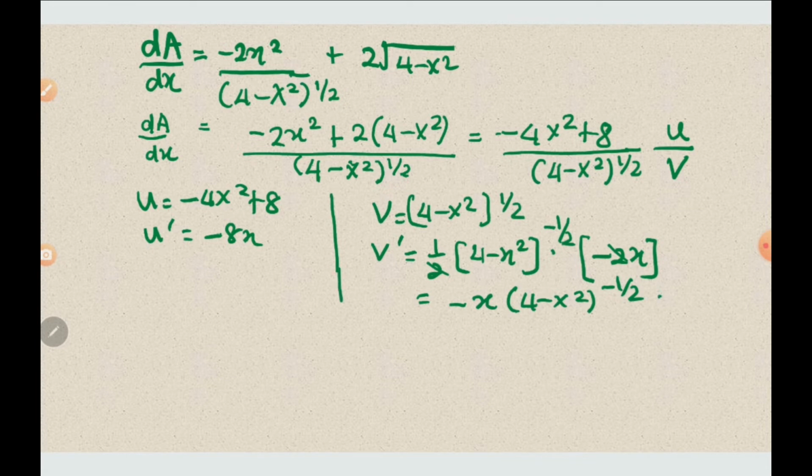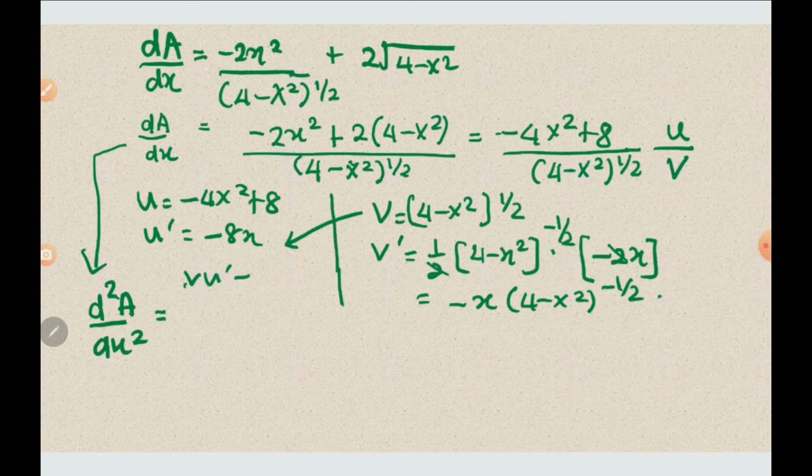Okay, now we will use the formula here. Therefore, d squared A/dx squared, the second derivative of dA/dx, is equal to v u prime, so v, you have to multiply with u prime, minus u v prime, over v squared. v is (4 minus x squared) to the power of half.